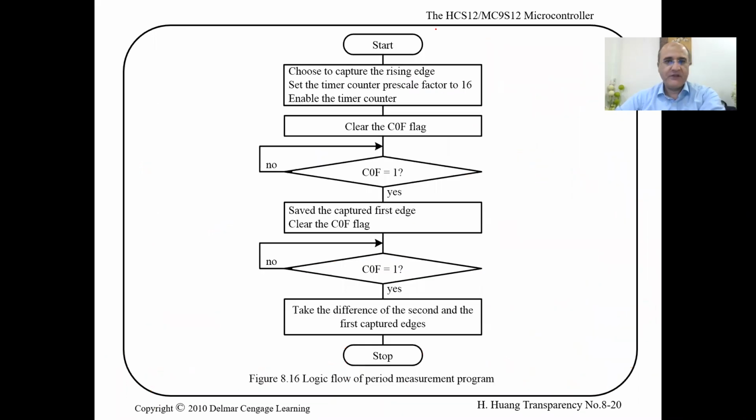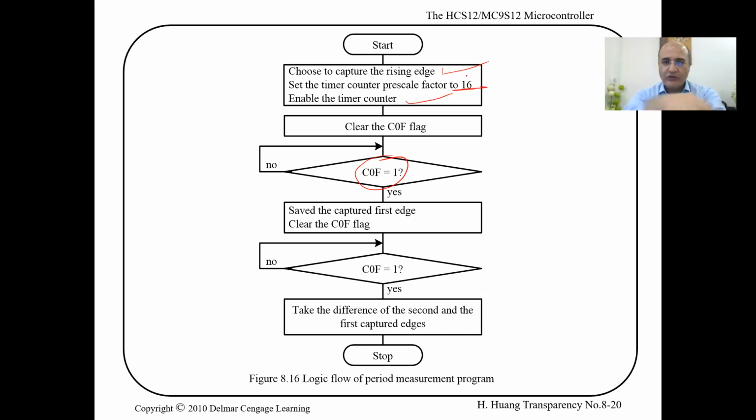Yes. And this is a flow chart of some code you can do. This is a flow chart, and this is code to do this using the polling method, monitoring the flag. And I'm going to share with you some demo using the interrupts. So to do it, choose to capture the rising edge. We know the register to do that. Use the prescaler for the TCNT counter as 16, for example.